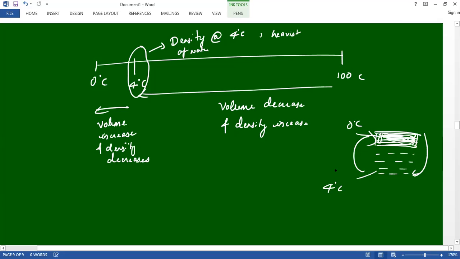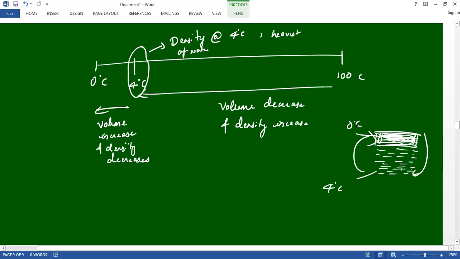Because of this, in winter, the ocean creatures or water animals will have a habitat that maintains living conditions. That is the reason why ocean animals do not die in winter. So this is about anomalous expansion of water.